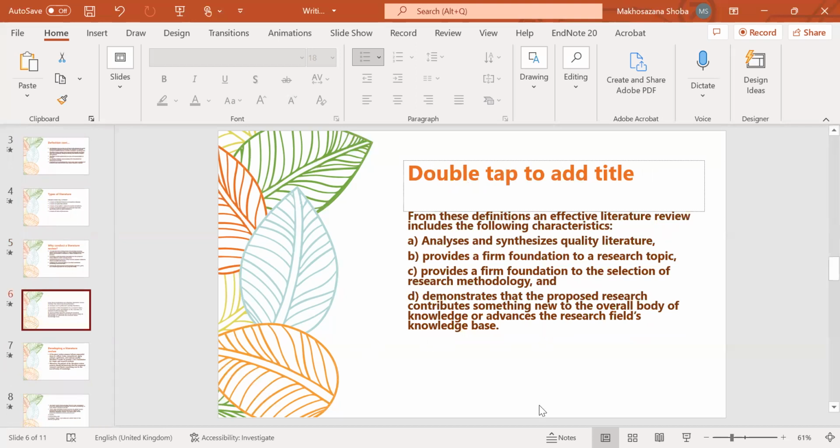Therefore, from these definitions, we can conclude that an effective literature review includes the following characteristics: it analyzes and synthesizes quality literature, meaning that when you do the literature review it is about relating and classifying literature.